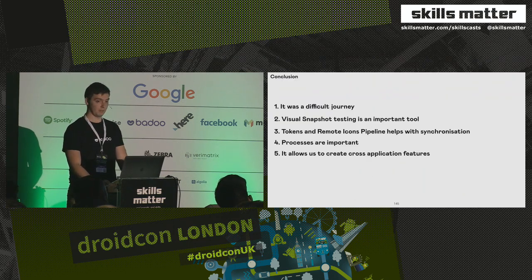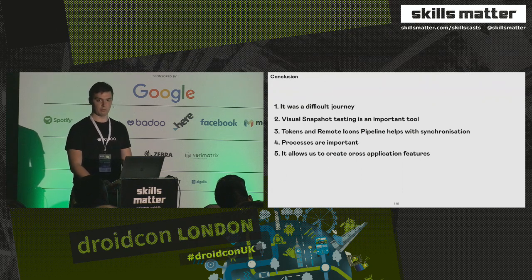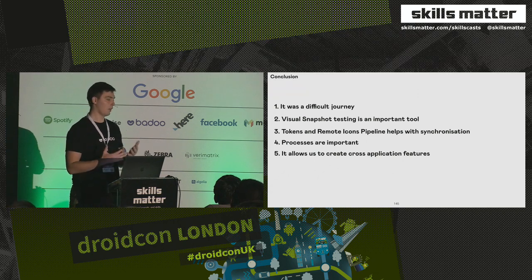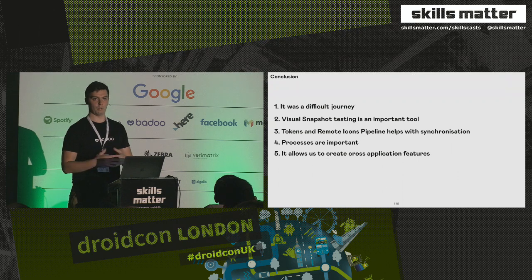And I think that's it. What I want to highlight is that it was a super difficult journey. I showed you how it was before, when we had an outdated set of styles, but step by step we improved our tooling, we improved our framework, we introduced tokens and a remote assets pipeline, which helps us keep all our UI identity in sync.